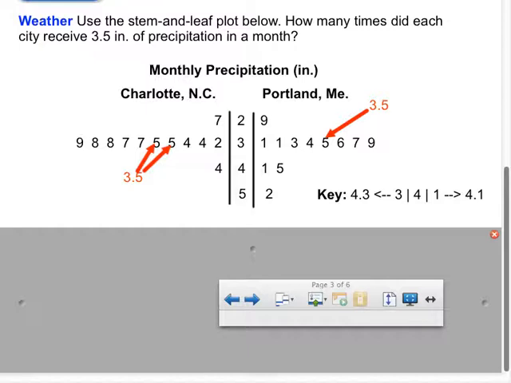So if you take a look at my key, right here on the right-hand side, 4 is the stem, the leaf is 1, and the key says that's 4 and 1/10, right? On the left-hand side of my stem is a 3, so 4 and 3/10. So it's basically a back-to-back stem and leaf plot. Okay? So let's go ahead and answer some questions here.